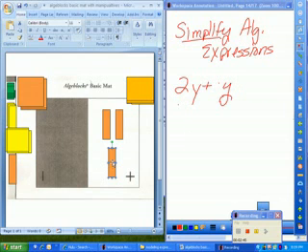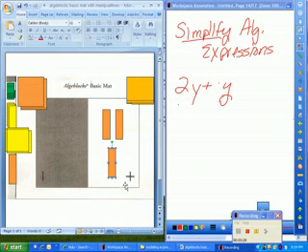What does it end up being? What do you really have a model of there now? You don't just have 2y plus y, but what if you wanted to make it just a tiny bit more simple? Take a moment, chat with the people around you, and pause the video. See if you have an idea if you were going to simplify 2y plus y, like make it as short and sweet as you possibly can.